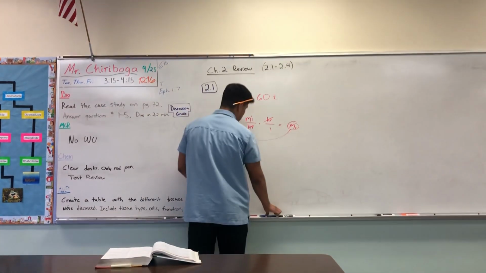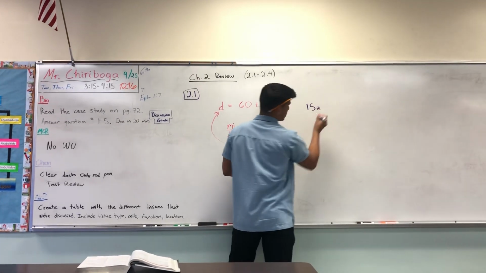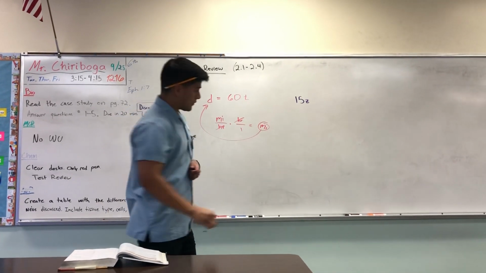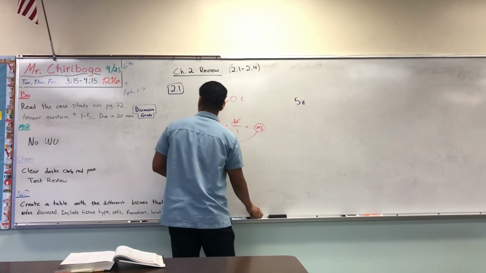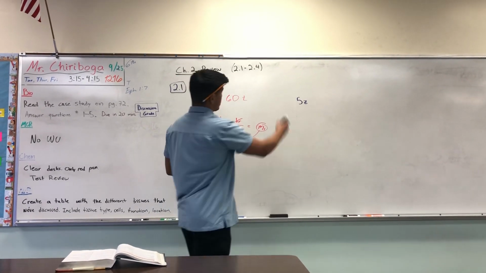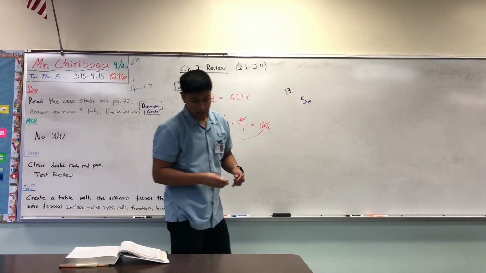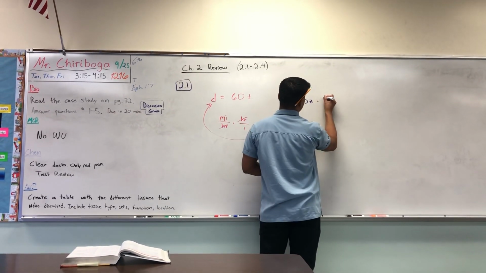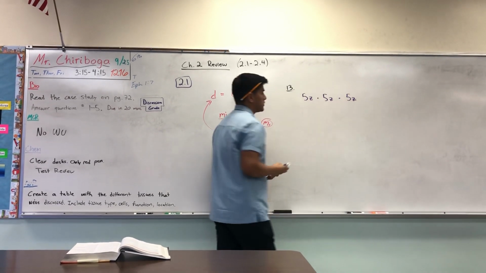Number 13, for example, is 5z times 5z times 5z. How do you turn this into exponential form?